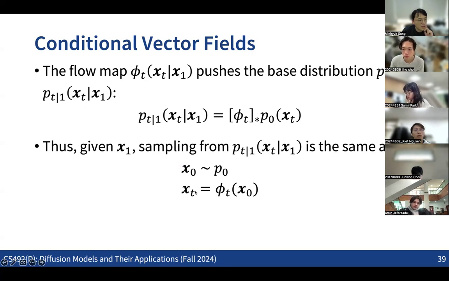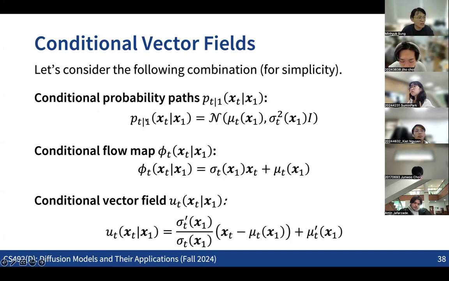Now we can sample from P0, the base distribution, and push this sample into the space of the conditional distribution by mapping through this function. This is the meaning of the flow map here, which pushes the P0 distribution into the conditional distribution given x1, into the pxt distribution like this. And as we have seen in the previous slide, we are specifically considering this flow map, mapping x1 to xt like this. Make sense?